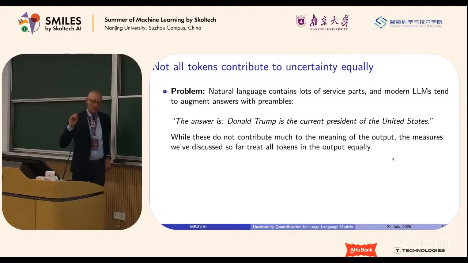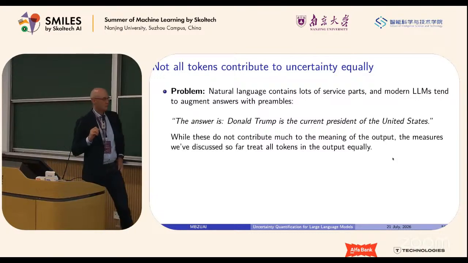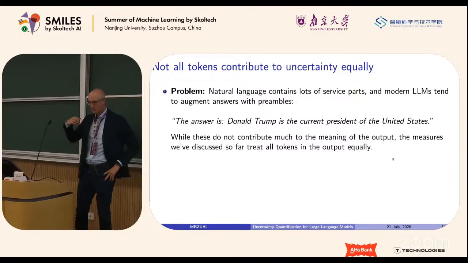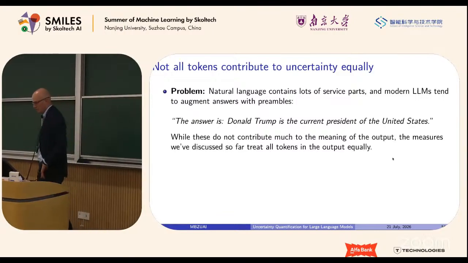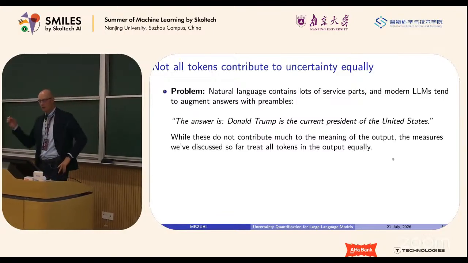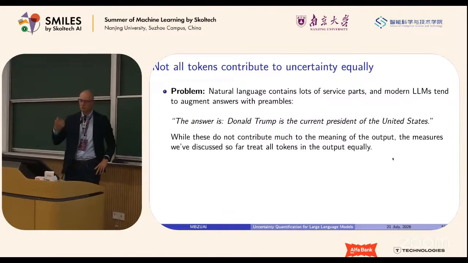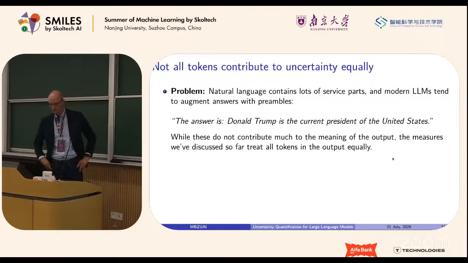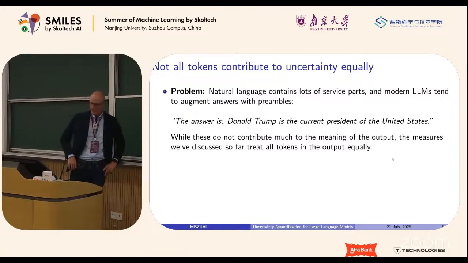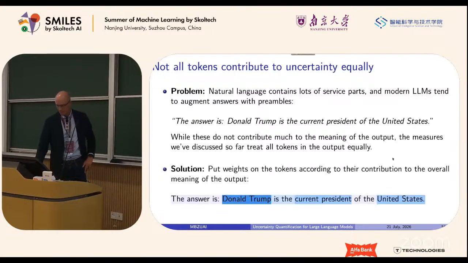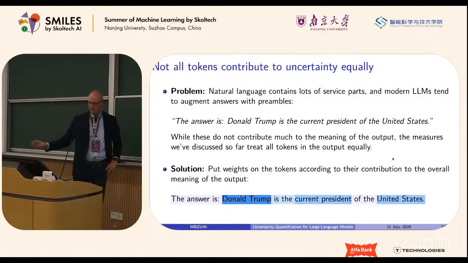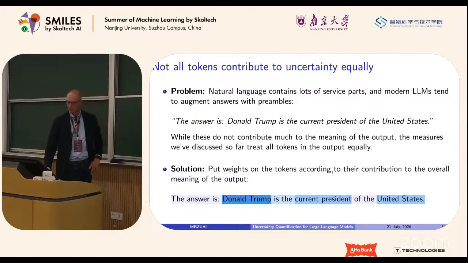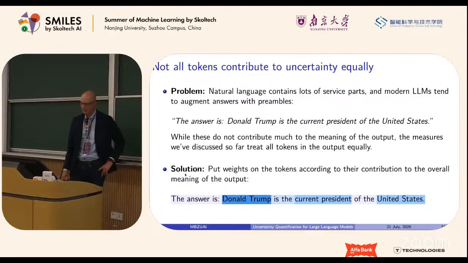Well, another problem that we have with uncertainty quantification when we are dealing with generation with language models is that not all tokens actually contribute equally to uncertainty. Let's say here is an example where we have lots of auxiliary words such as articles, prepositions, and other things.